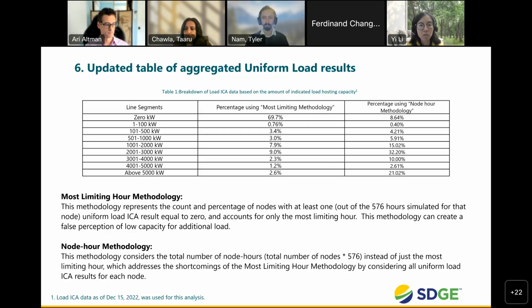In addition, we do a system-wide refresh every year, annually, and we have one coming up. In that refresh, we look at all the circuits and make sure we don't have any zeros that are misrepresented in our load ICA data. I hope that answered your question, but feel free to ask follow-ups.